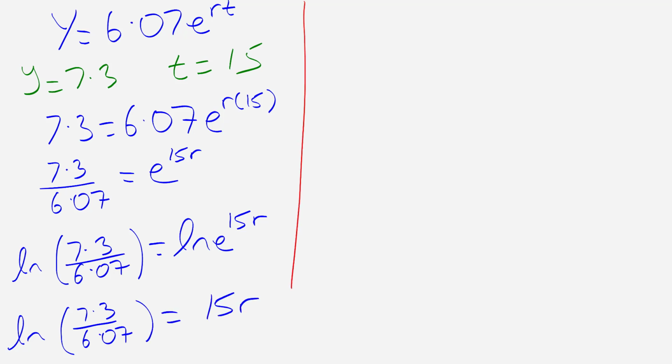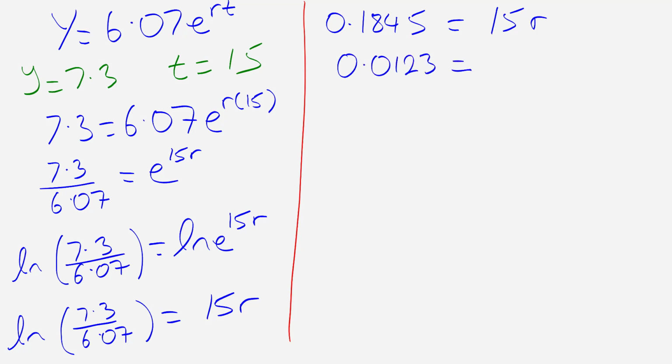If I continue this up here, we can type the ln of 7.3 divided by 6.07 into our calculator, and you will get 0.1845 equals 15r. Then dividing both sides by 15, you will get 0.0123 equals r.